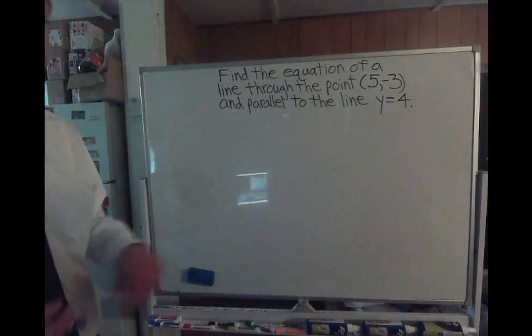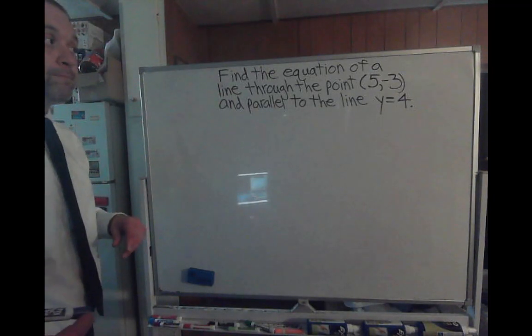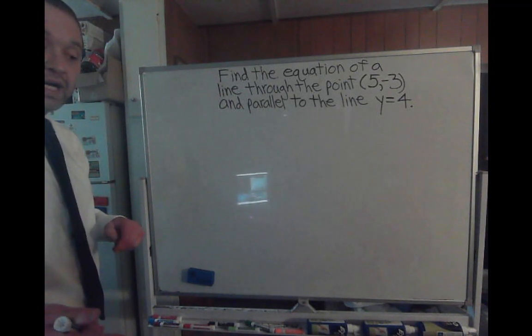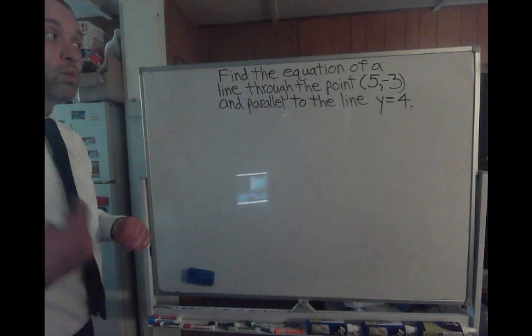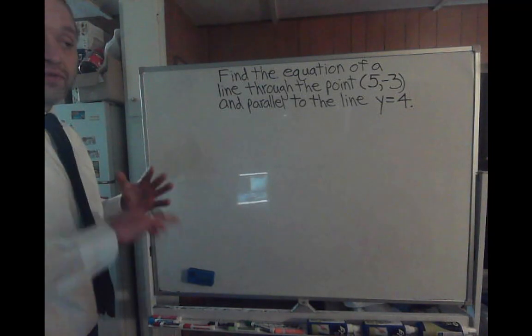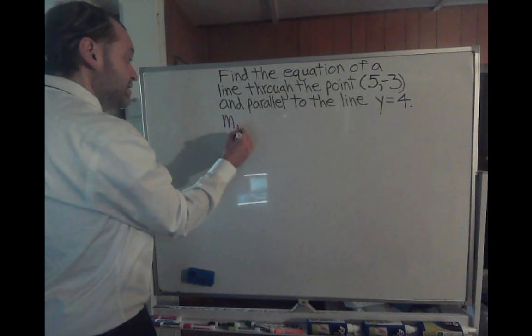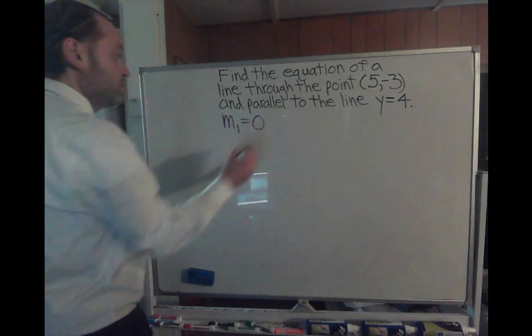Let's take the slope of the first line, y equals 4. Remember HOY: horizontal line, 0 slope, y equals. You just have y equals 4, which means you have a horizontal line with a slope of 0. So the slope of the first line, y equals 4, is 0.